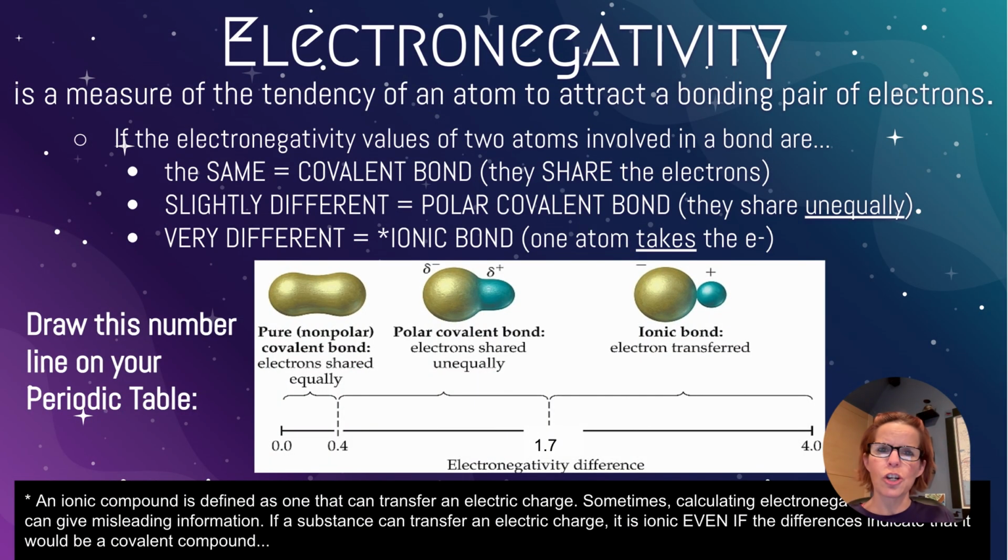If it can transfer a charge, it's ionic. So that's the metal and nonmetal, that's the ion. So really the table of electronegativities is more for the covalent compounds. We're trying to figure out, are they sharing equally or are they sharing unequally? That's really what a table of electronegativities is useful for.